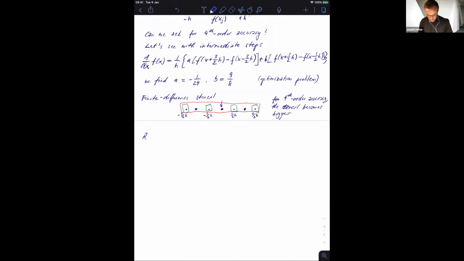So let's recall the Taylor expansion, the Taylor series. So let's be a bit tedious and write it down to higher order terms. So we have f of x and first derivative f prime of x, second derivative f double prime of x. And then let's keep going.